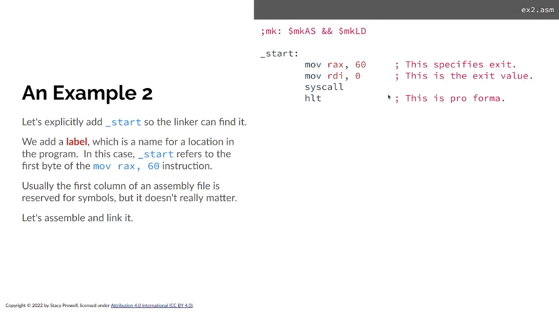Here's a second example. All this example does is fix our missing start symbol. So right here, this is assigning a location a name. The location here will be the first byte of the first instruction. So we're giving this location a name. This is just like a target symbol in your C program.